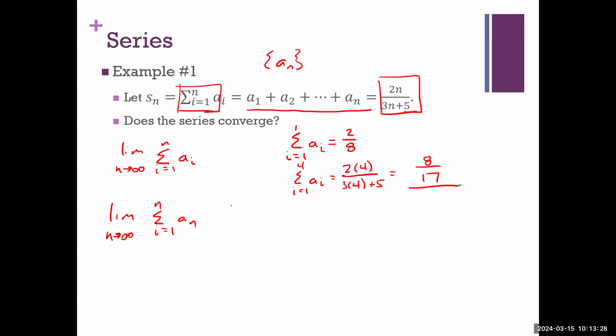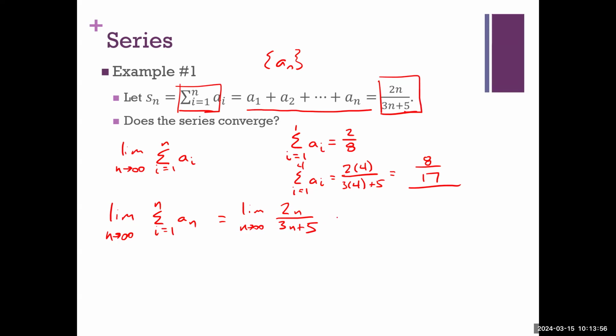So what's the thing that represents the sum here? The sum is this formula that I have boxed on the right, 2n over 3n plus 5. So I'm asking about the limit of this. What's that? Is it going to go towards 0? I don't think it's going to converge to 0.